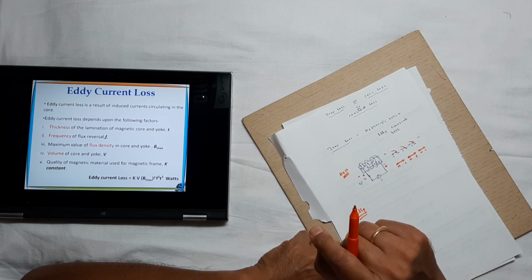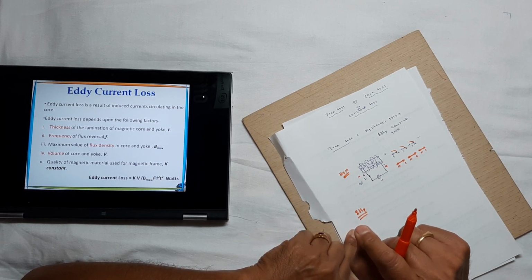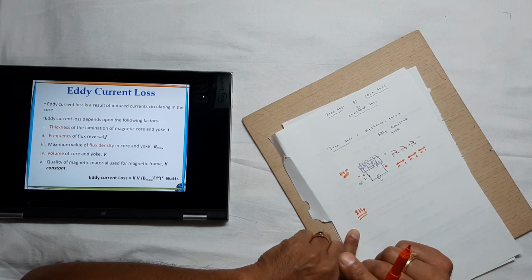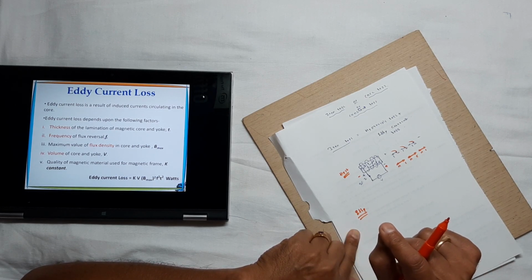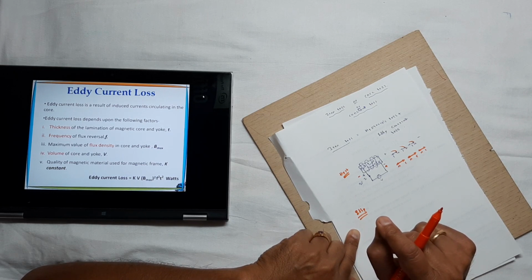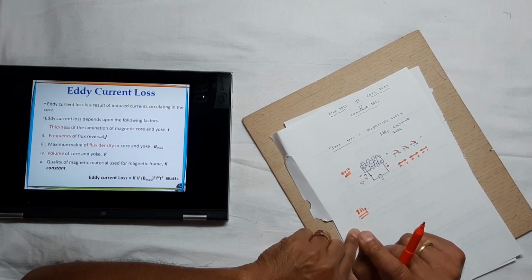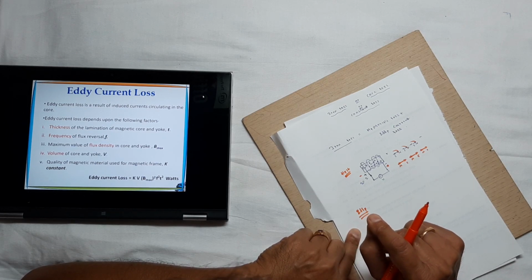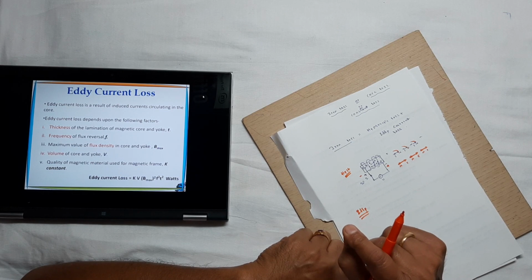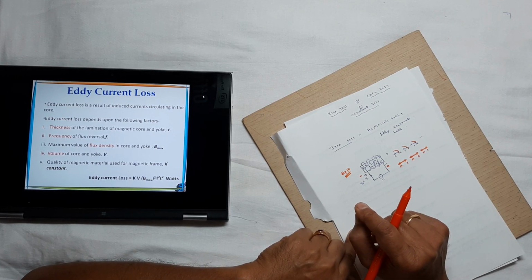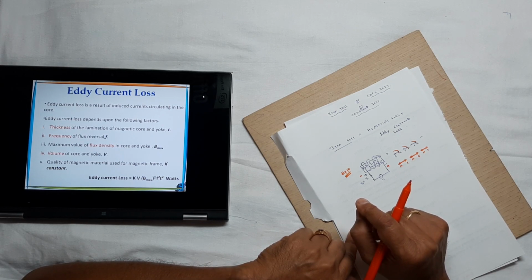First we will see that the eddy current loss depends upon the following factors: the thickness of the laminations of the magnetic core and yoke, that is T; the frequency of the flux reversal, F; the maximum value of the flux density in the core, Bmax; the volume of the core or yoke, V; and the quality of the magnetic material used for the magnetic frame, which is represented with a constant K.